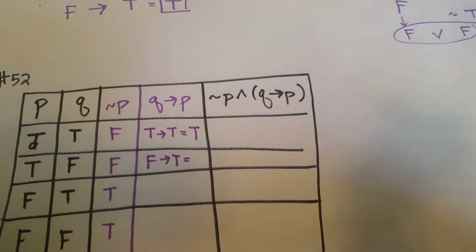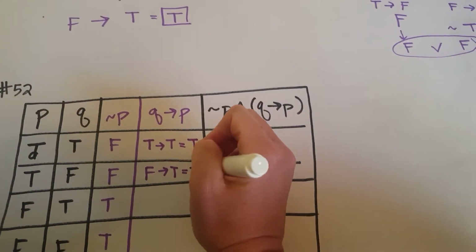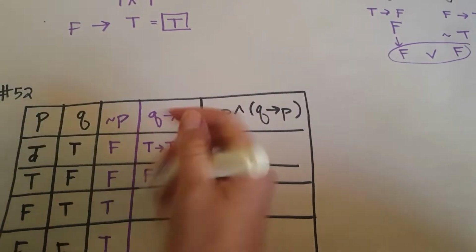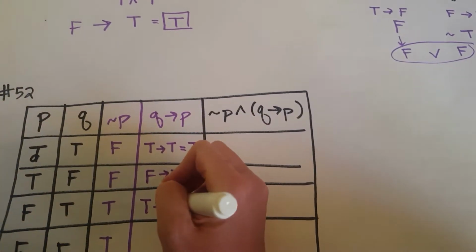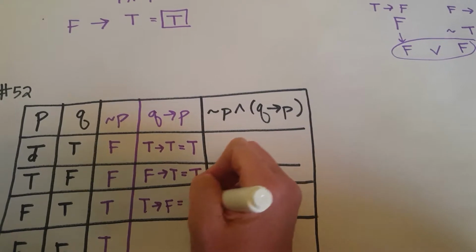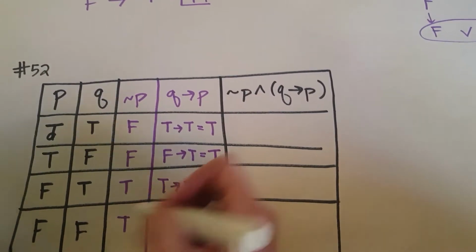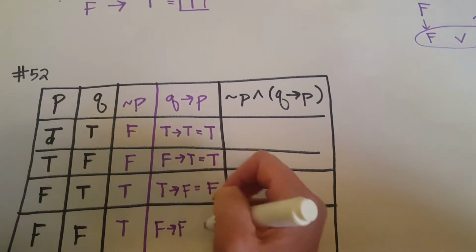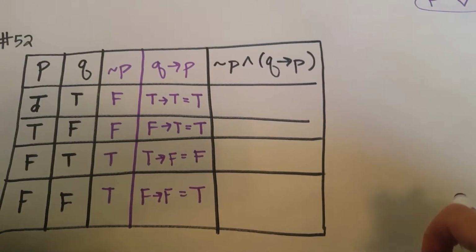If we look back up above to our notes, if you lead with the false and end with the true, it is true. All right. Q is true, P is false. If you start with a true and end with the false, it makes the whole thing false. All right, last but not least, Q is false, P is false. False, then a false is true. Okay. All right, hope you're getting all this.